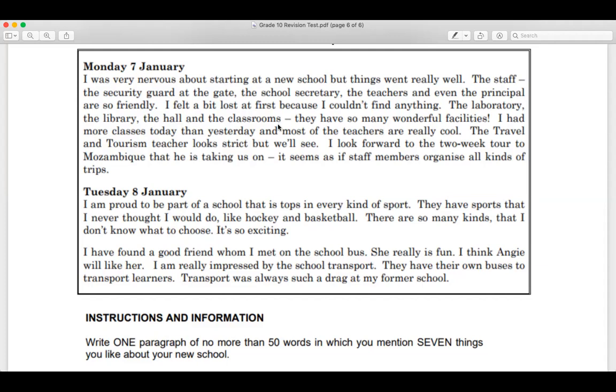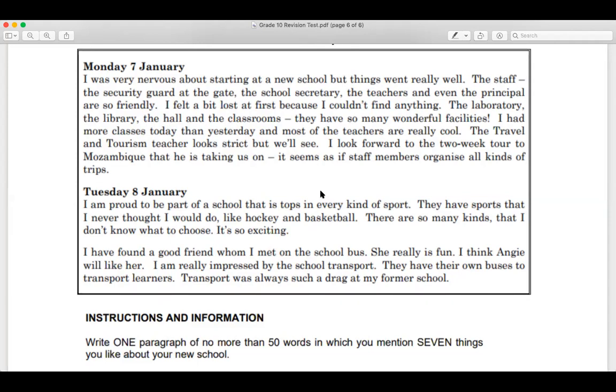They have so many wonderful facilities. I had more classes today than yesterday, and most of the teachers are really cool. The travel and tourism teacher looks strict, but we'll see. I look forward to the 2-week tour to Mozambique that he is taking us on. It seems as if staff members organize all kinds of trips.